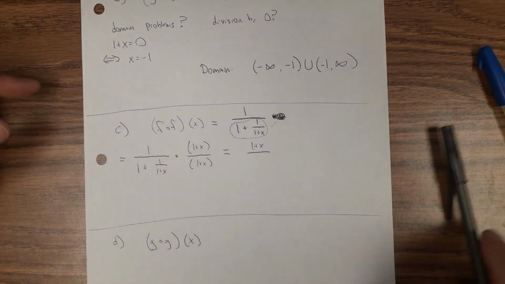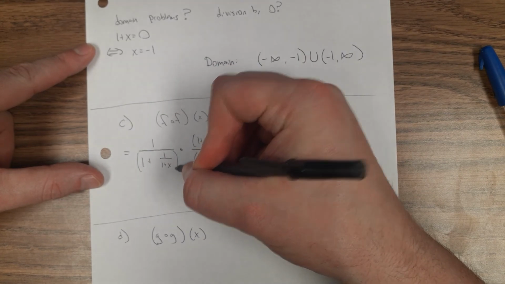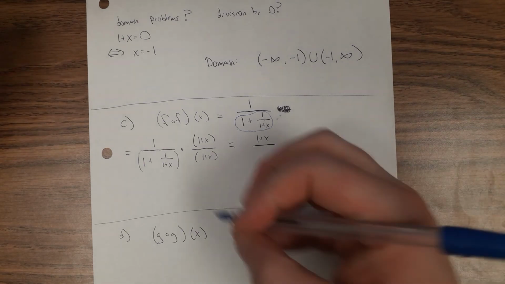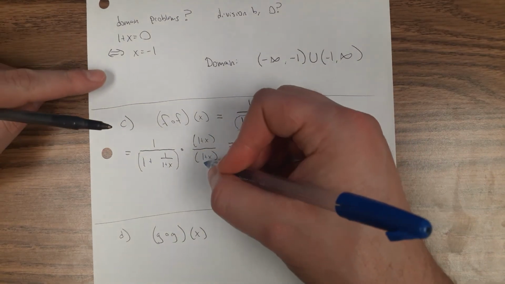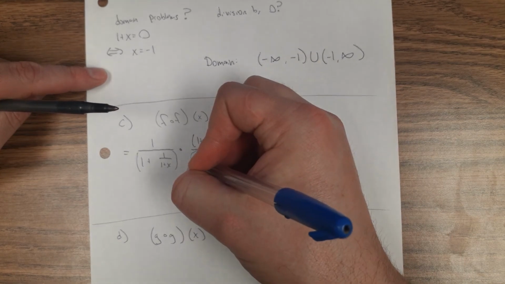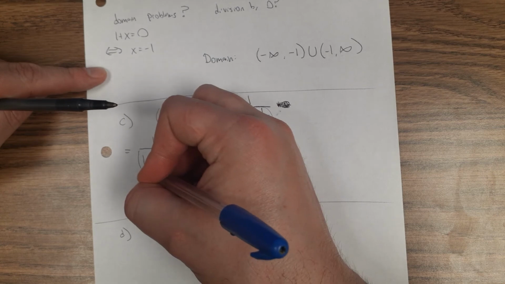What about the bottom? Let me put parentheses around the bottom because I have to be careful to distribute here, right? When I multiply this through, I have to take this 1 plus x and multiply it by this part and also by the 1.